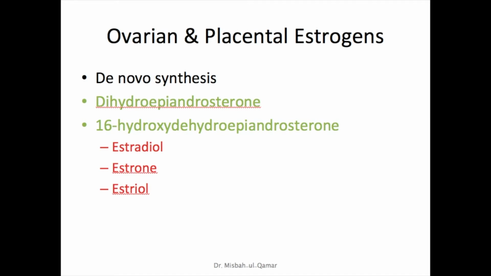These steroids are weak androgens and they are formed both in the mother's and fetal adrenal glands. Then they are transported by blood to the placenta and converted by the trophoblast cells into estradiol, estrone, and estriol.